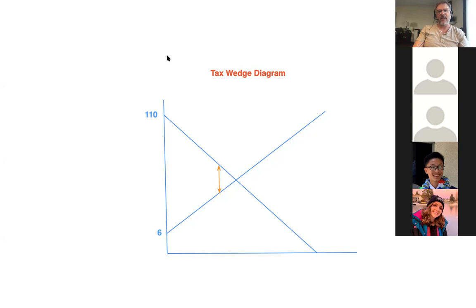Anyway, that's really the value of this tax wedge diagram, it strikes that balance. So we can see the after-tax quantity, and hopefully, can you see it's associated with this tax wedge, Jewel and Ricardo?